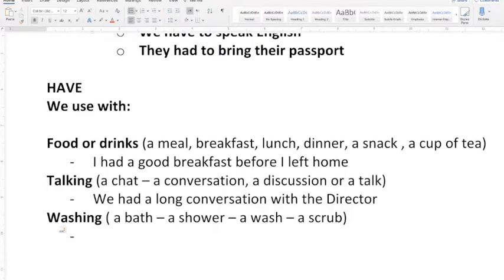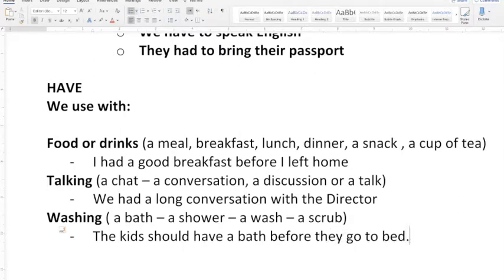I can say, for example, the kids should have a bath before they go to bed. I can use it in the present form, the past form, or the progressive form. Where are the children? They're having a bath. Where is Mike? Mike is having a bath. Or yesterday I had a bath. I had a shower. So you can use them for washing.